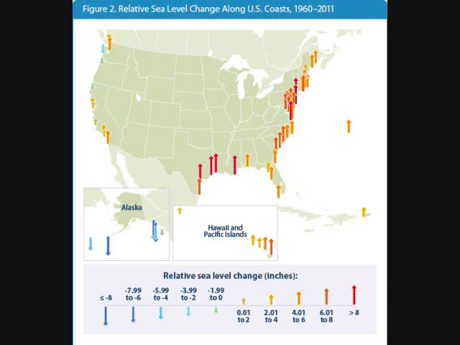But you can see in Texas, Louisiana, and then Virginia, New York, New Jersey, significant sea level rise, all along the East Coast and the Southern Coast. So that's another data consideration or key indicator of global warming: sea level.